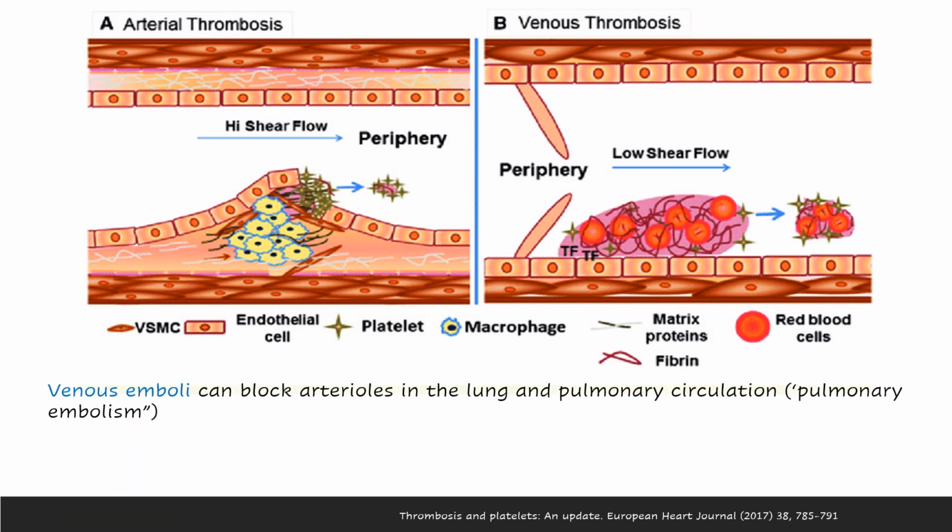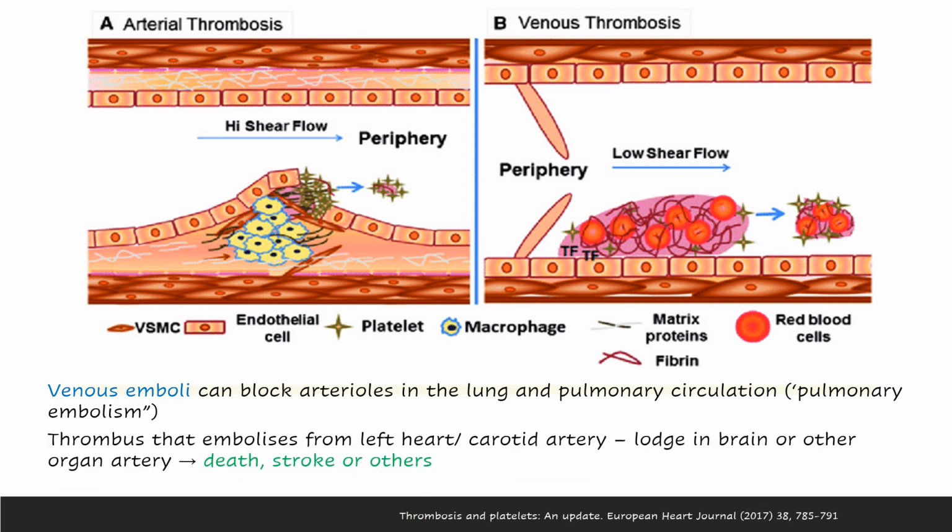Venous emboli can block the arteries in the lung and pulmonary circulation, and that is known as pulmonary embolism. A thrombus that leaves the heart or carotid artery and goes to the brain and other organs and sticks there can lead to stroke, death, and other thromboembolic events.